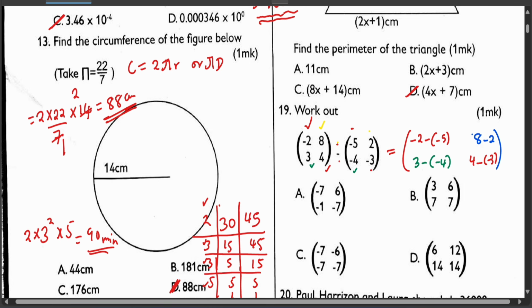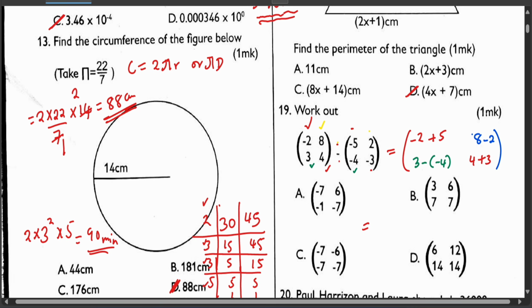So sije ukachanganyikiwa na hizi negative na nini. So for the first answer, minus kwa vile minus apatana zitakuwa positive. So itakuwa ni negative 2 plus 5. Na the same thing hapa. Minus itapatana yawa 4 plus 3.